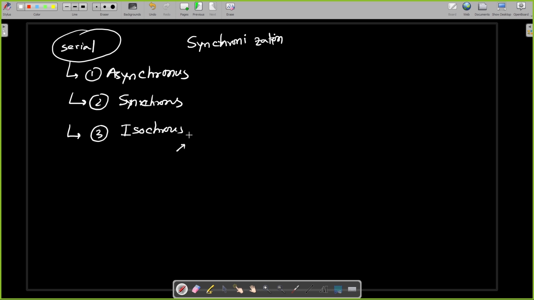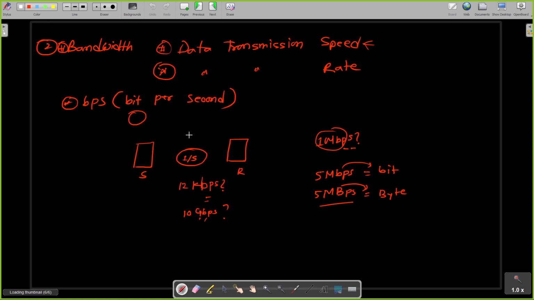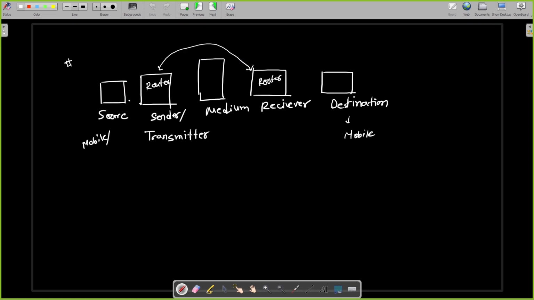Okay, so in this class we learned about the data transmission system and communication in networking. Here we need 5 elements or components: sender, transmitter, medium, receiver and destination, where source and destination are the same thing, and sender and receiver are the same thing also.